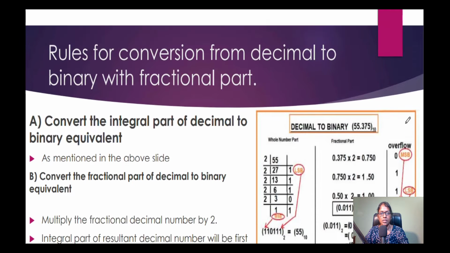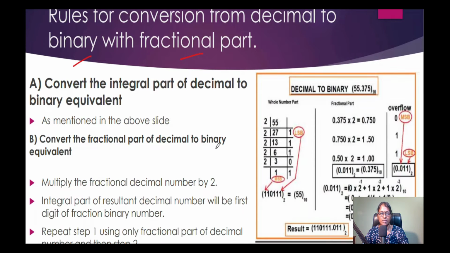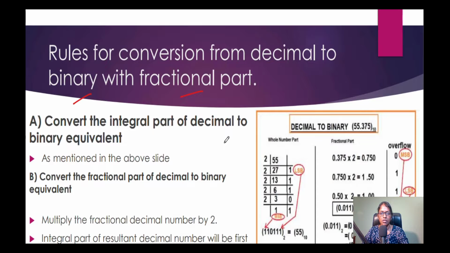So the first one is the rules for conversion from decimal to binary with a fractional part. Convert the integral part of the decimal to its binary equivalent as before: divide by 2, and again by 2, take down the remainders, and read them from bottom to top.